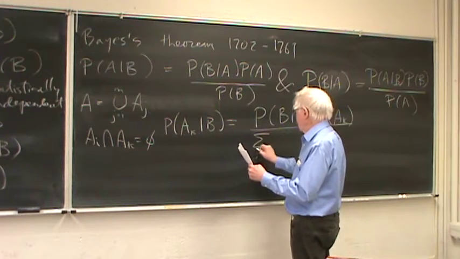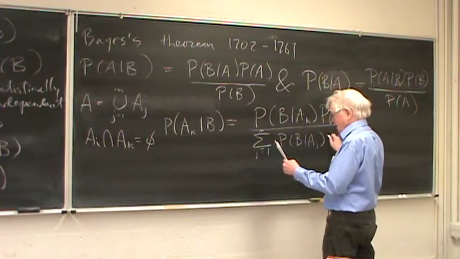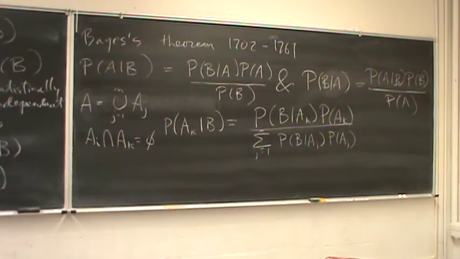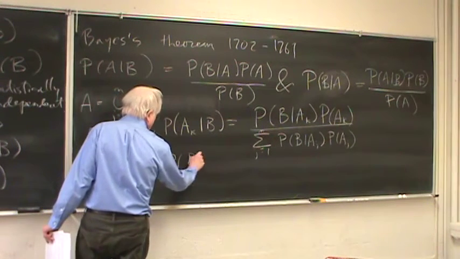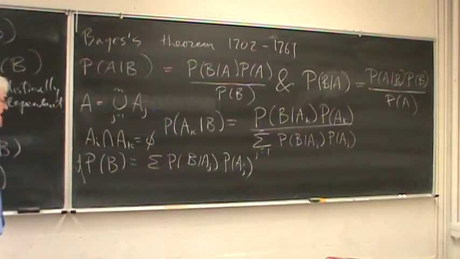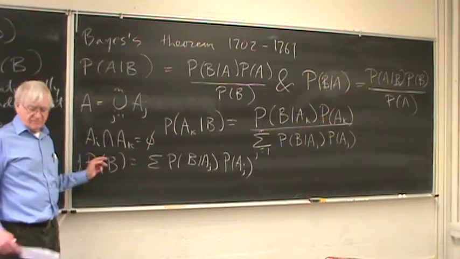This is going to be a sum on J equals 1 to N, the probability of B given A sub J times the probability of A sub J. So this is in a case in which B can only occur if one of the A sub Js occurs, and also the A sub Js are mutually exclusive.